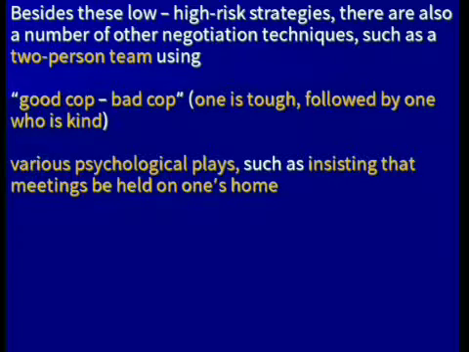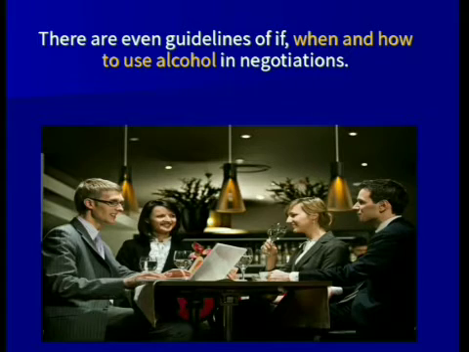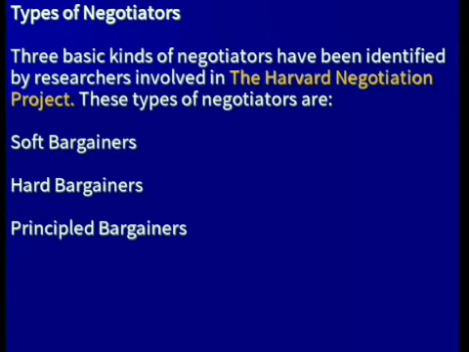And sometimes the kind person may follow after the tough one. There are even guidelines on if, when, and how to use alcohol in negotiation. There are some nuances on when to use alcoholic drinks.